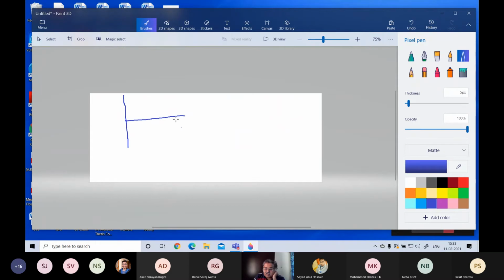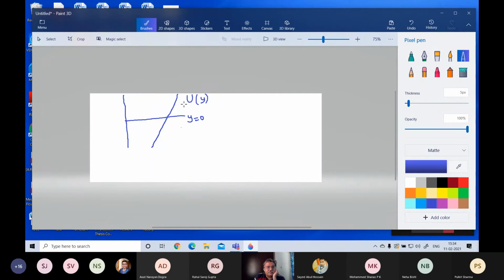a plane, let us say this is the y equal to 0 plane. We have a uniform flow like this, u of y.